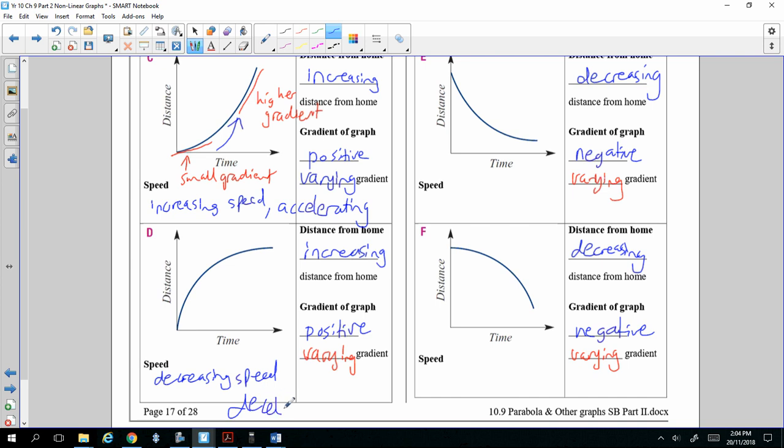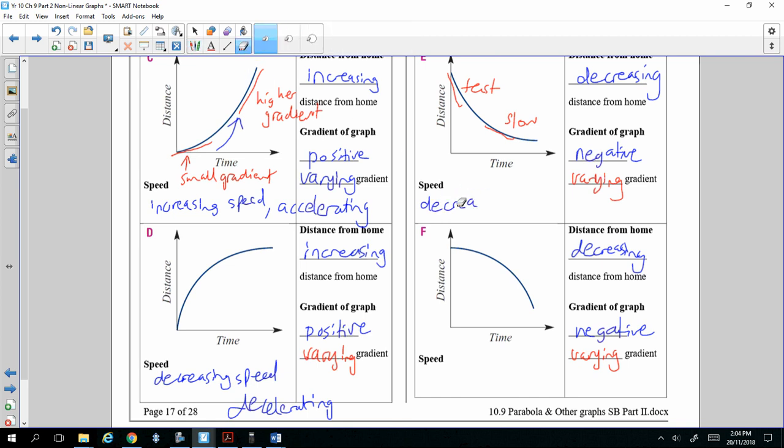Right? This one, let me see, it's getting fast first and then slow. Fast and then slow. So we say it's decelerating. Oh, not decreasing, decelerating.